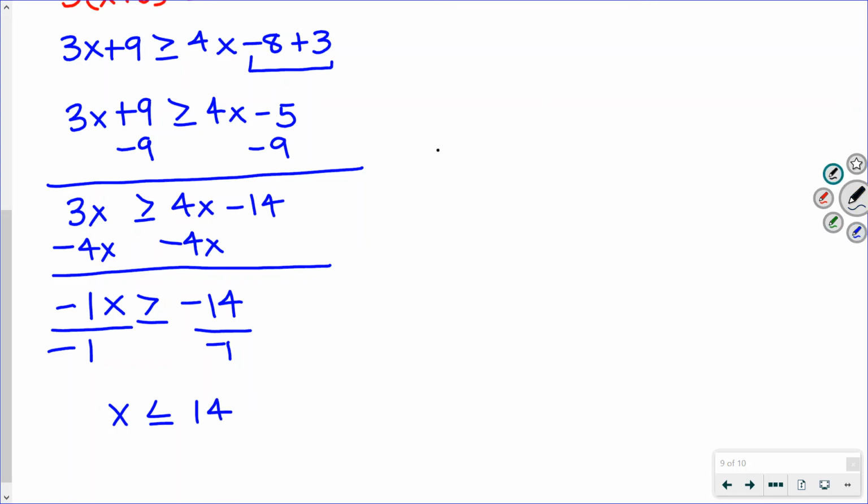So now if we had a number line, I'm going to put 0 over here, and then 14, I'm just going to put it here. Pretend all those numbers go up to 14. So we want x less than 14. Since it's got an equals this time, we can make it a closed dot.